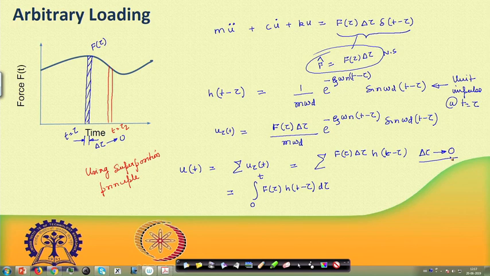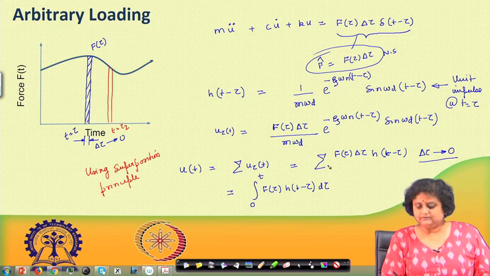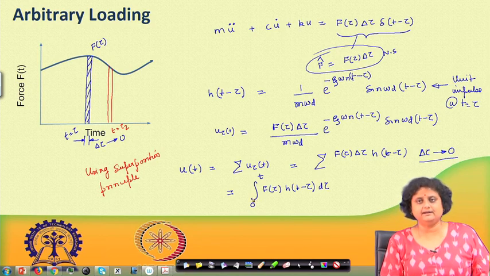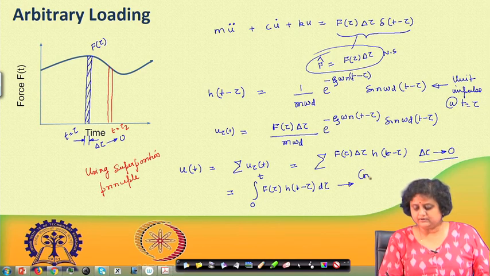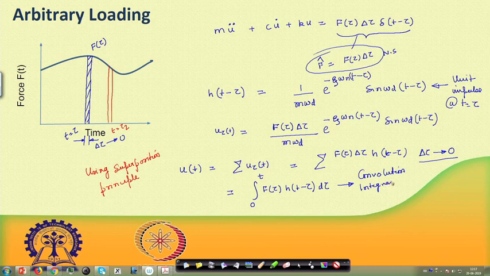Because del tau is tending to 0, this summation can easily be represented by an integral, and this integral is called the convolution integral, or Duhamel's integral.